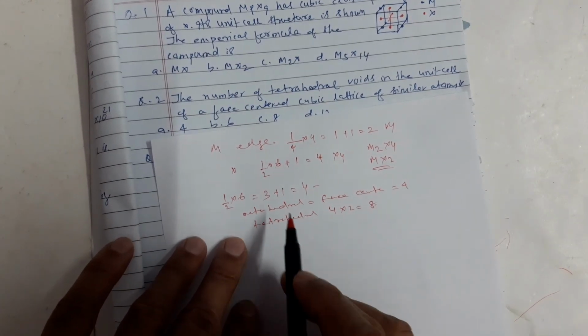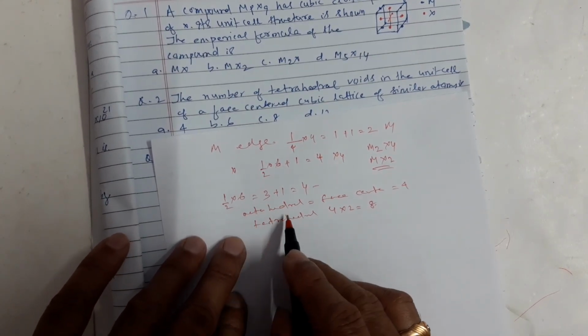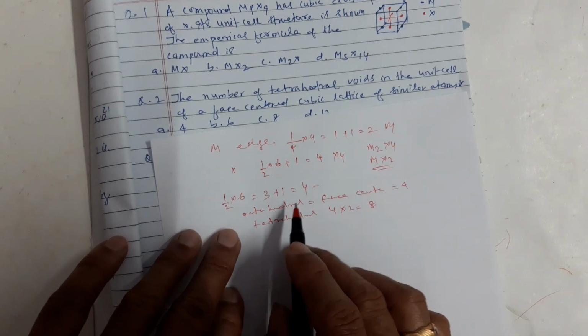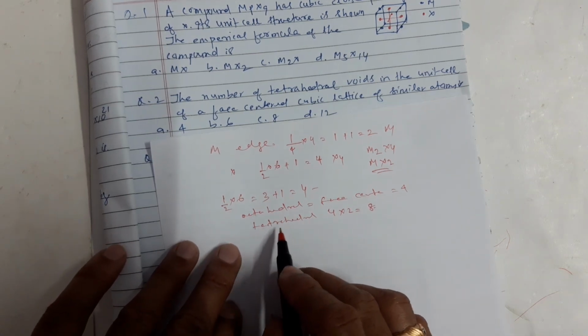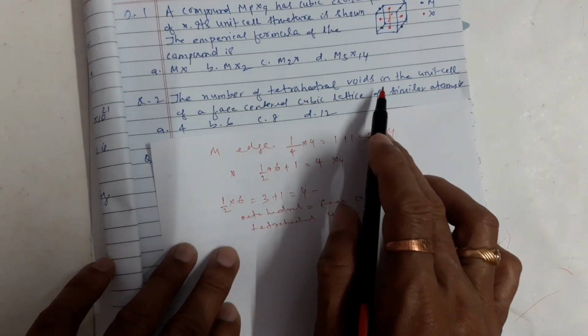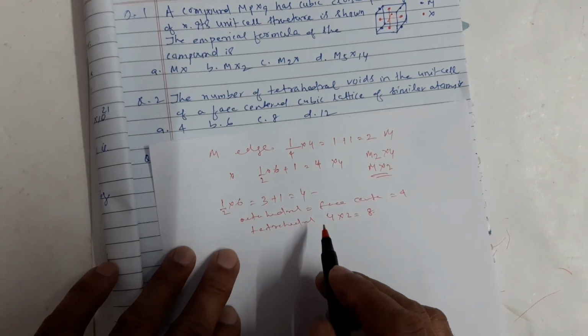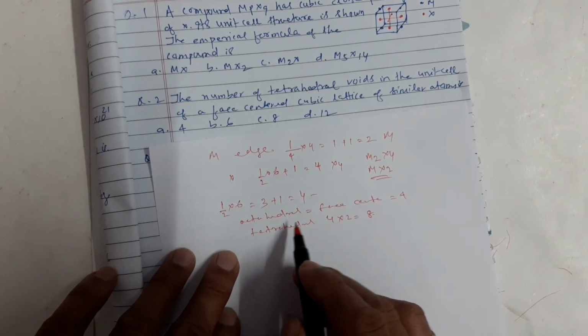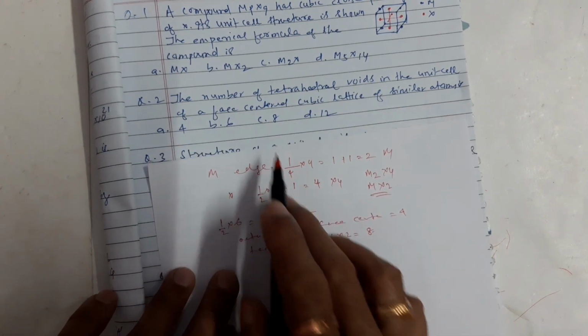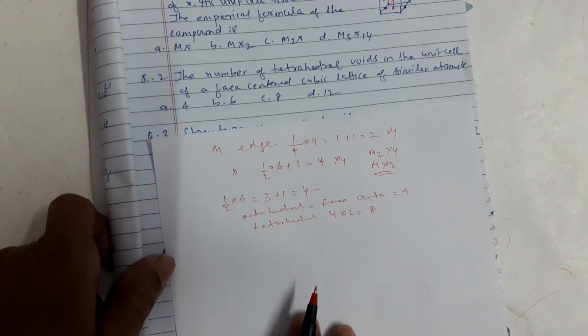You understand? Whenever octahedral or face centered, both are same, but whenever you consider the number of tetrahedral voids, it is double the number of octahedral voids, so the answer is 8, C answer.